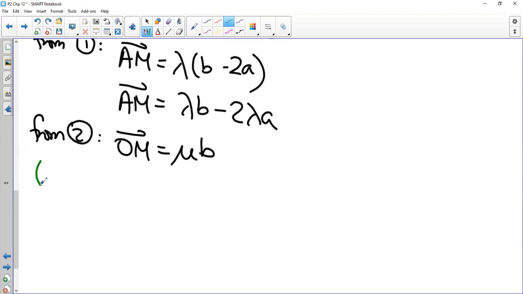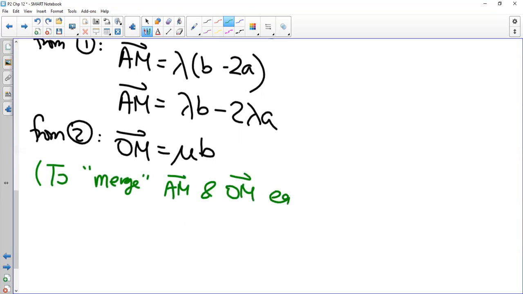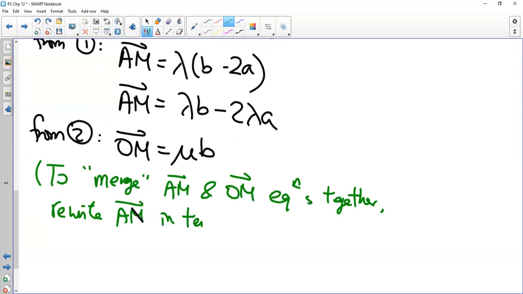So step 3. I'm writing in green just to explain my logic behind it. To merge the AM and OM equations together, we're going to rewrite AM in terms of OM.